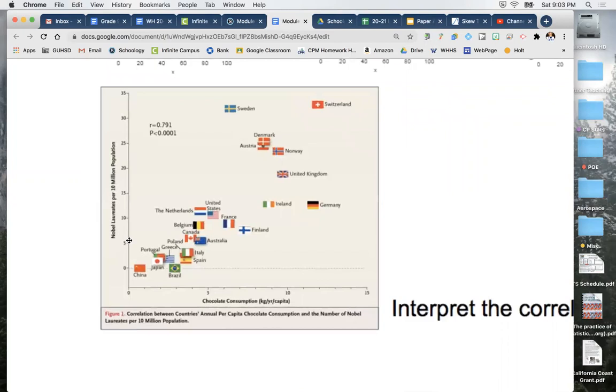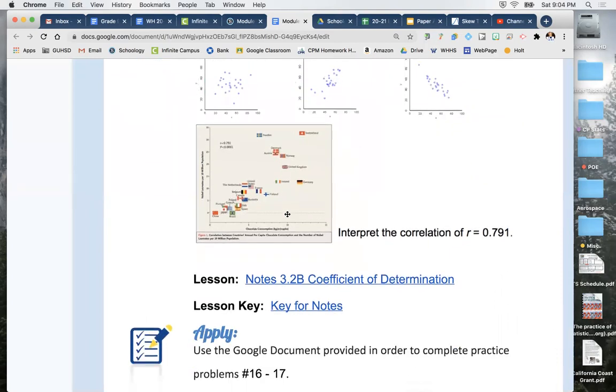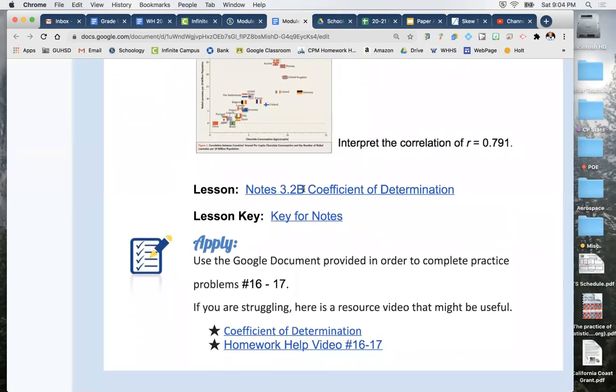That's funny, Nobel laureates. They're trying to make a positive association between those two things. I would obviously say there are probably a lot of extenuating circumstances there. But the correlation R here is 0.791, which means there's a moderately strong positive correlation between those two things. Okay, so that's what we've done a little bit so far.